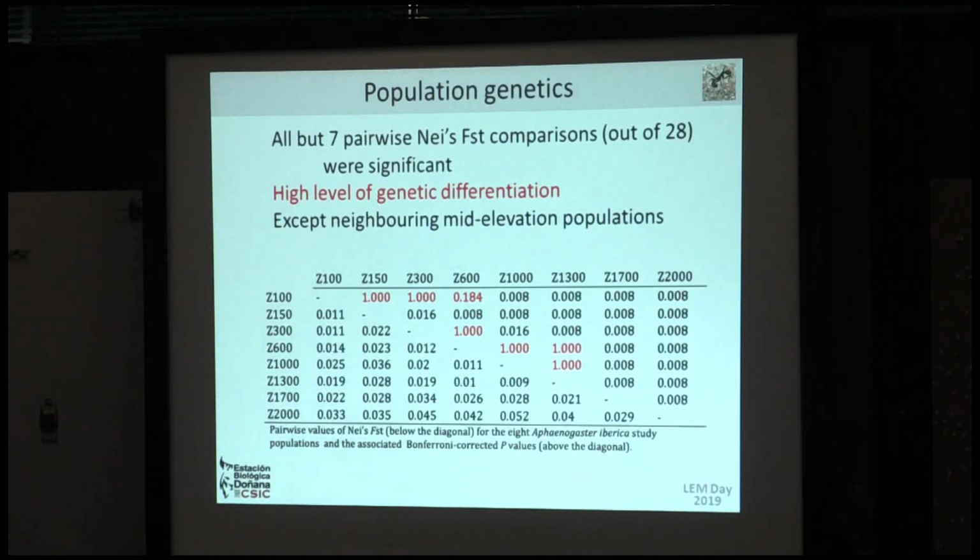We found also a high level of genetic differentiation, except in the neighboring mid-elevation populations. We can see how all but 7, in red, of the 28 pairwise comparisons between the populations were significant.